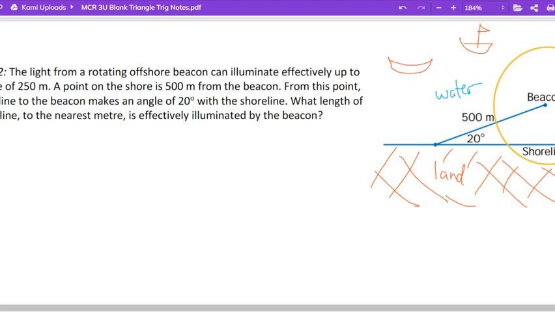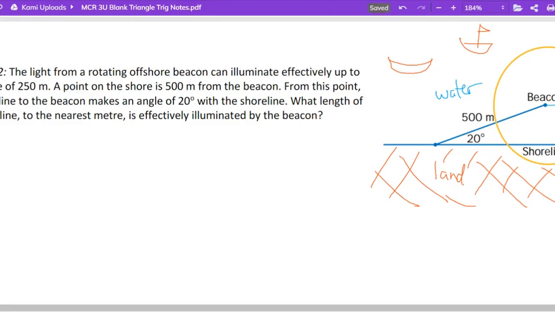And so what it's saying is that the distance that light will reach is 250 meters. That is also what about the circle? Yeah. Radius. Beautiful. So what we just found out, and for now I will just draw it here, is that the radius here equals 250 meters.